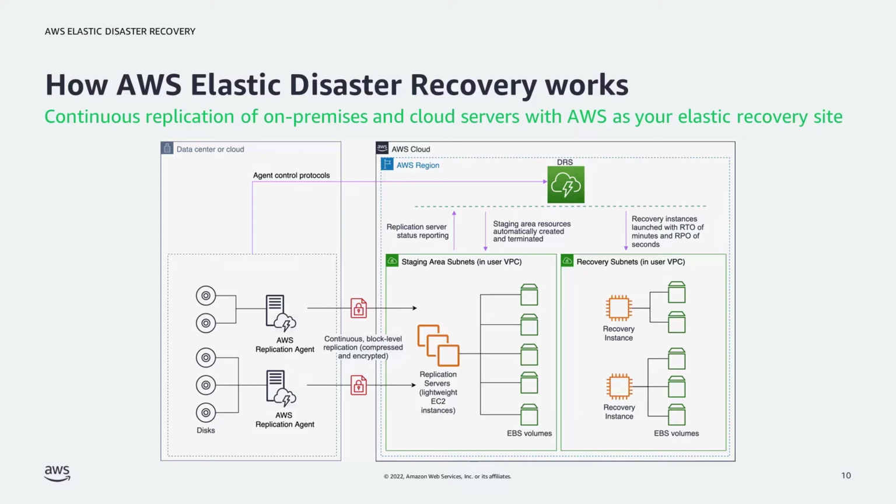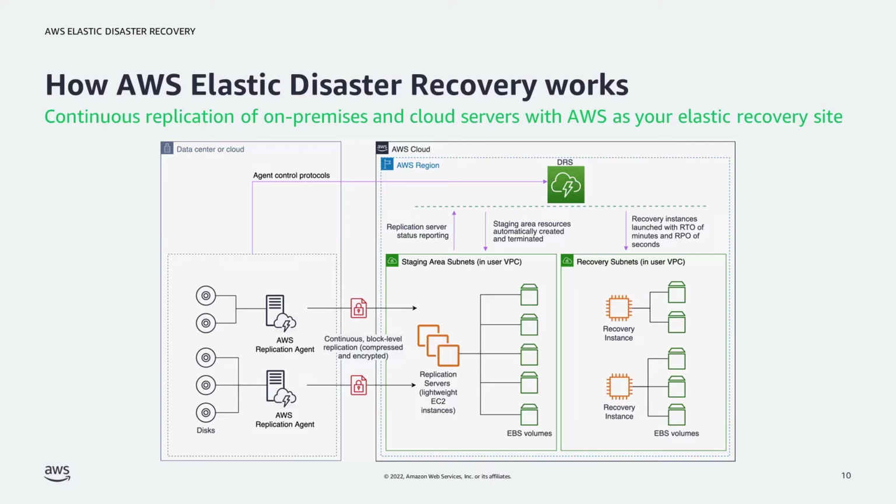Now, where are we replicating into, Ken? If we look here in the middle, there's that staging area subnet. We pre-create a staging area subnet. Think of this as your depository, your repository. This is where all of that data is going to be replicated to. And if you notice, there are what we call replication servers there in the middle.